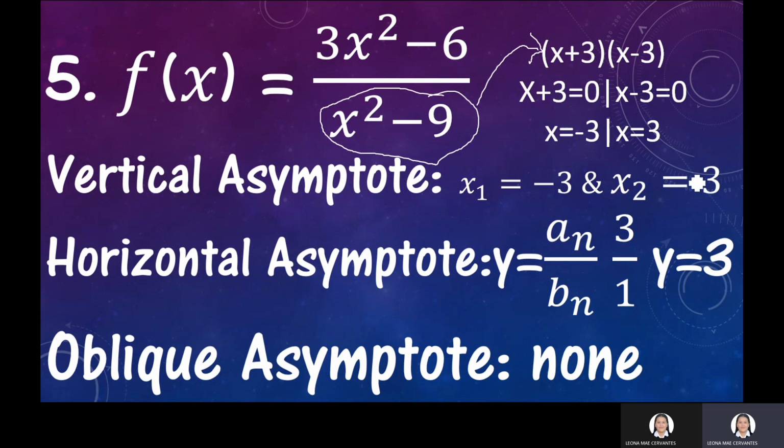Next, for the horizontal asymptote, the highest exponent of the numerator is positive 2. The highest exponent of the denominator is positive 2. So, we have 2 for the numerator, then 2 for the denominator.